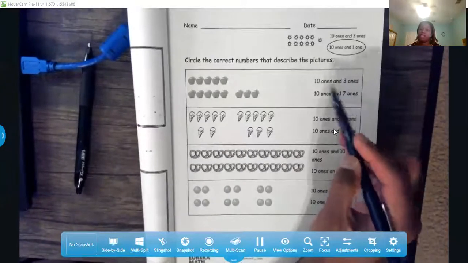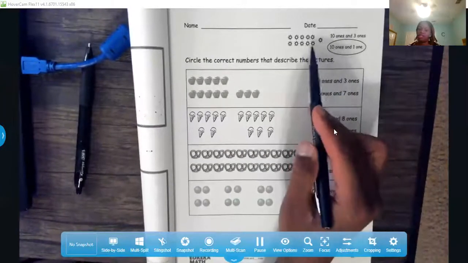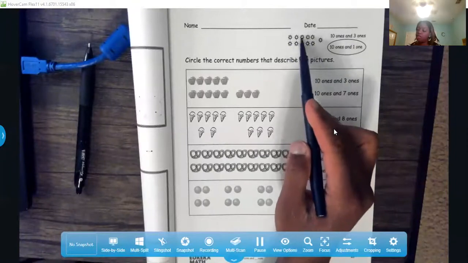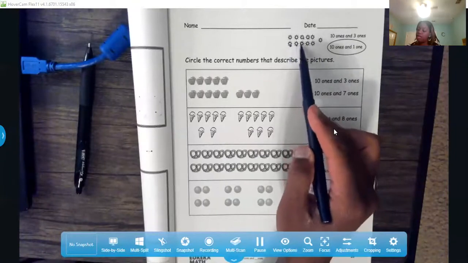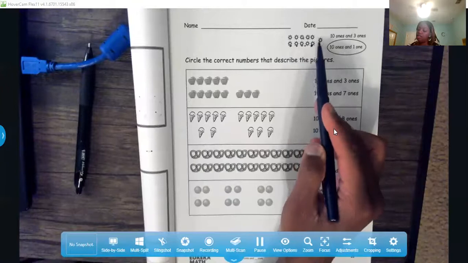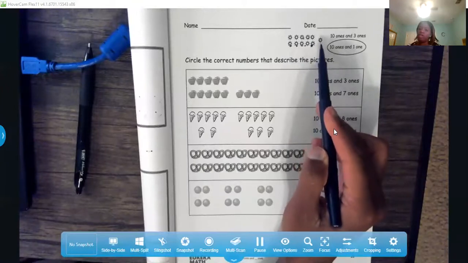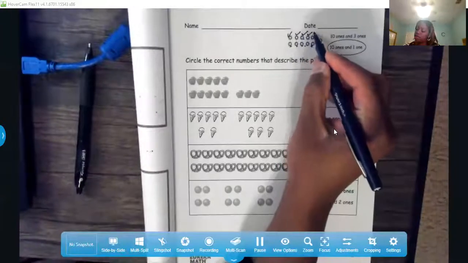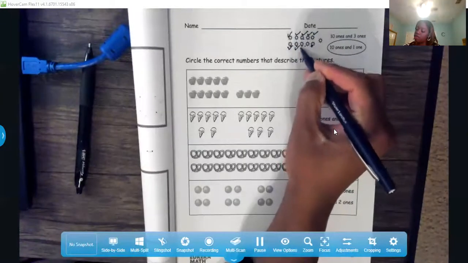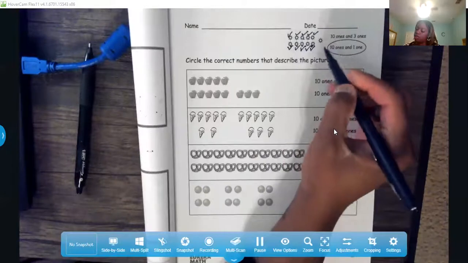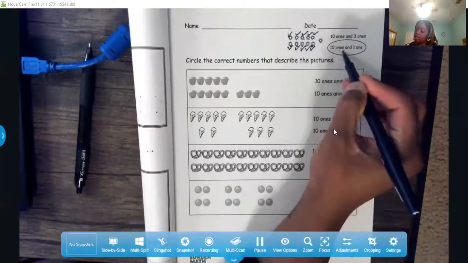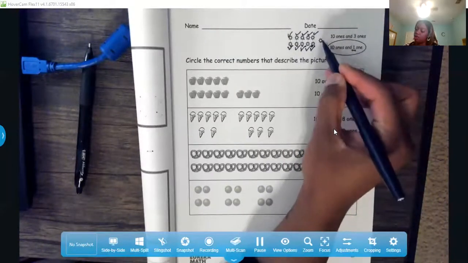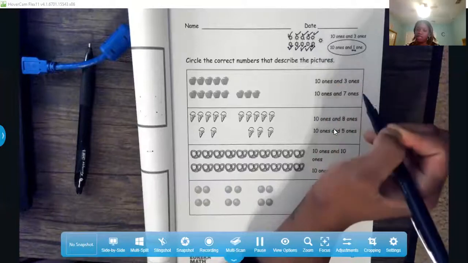Whichever one is right is the one I'm circling, just like they did in the example up here. 1, 2, 3, 4, 5, 6, 7, 8, 9, 10. And then I have 1 one over here. So if you want to double check yourself the same way we did on your problem set, use your checks and then count which one doesn't have a check. So I have 10 ones and 1 one. So that's the correct answer to circle.